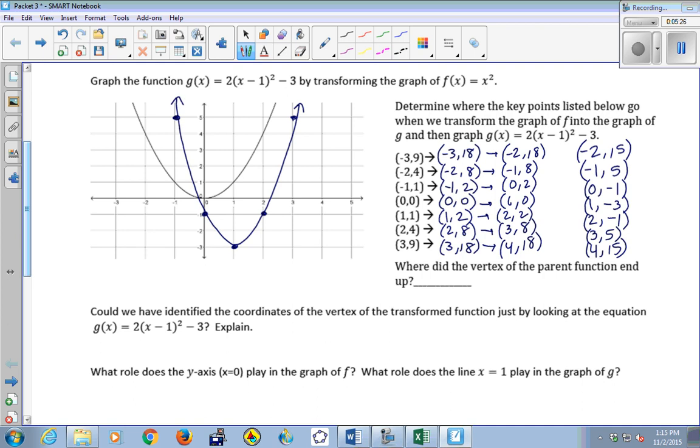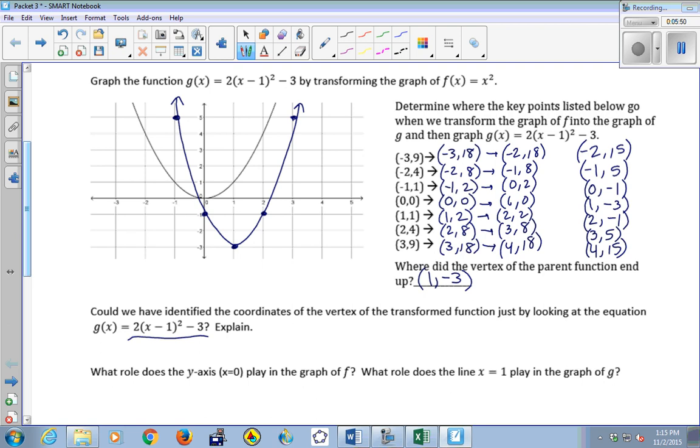All right, so where did my vertex move to? What are its coordinates now? 1, negative 3. Yeah, so it was at 0, 0, and now it's at 1, negative 3. Could I have identified the coordinates of the vertex, that 1, negative 3, just by looking at this equation?